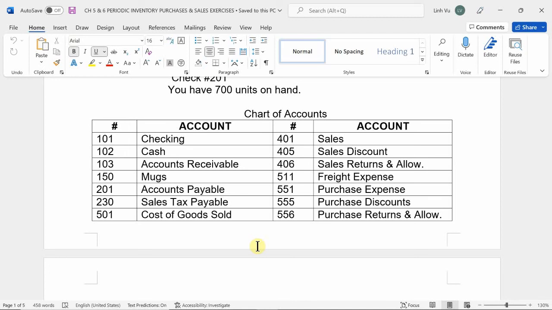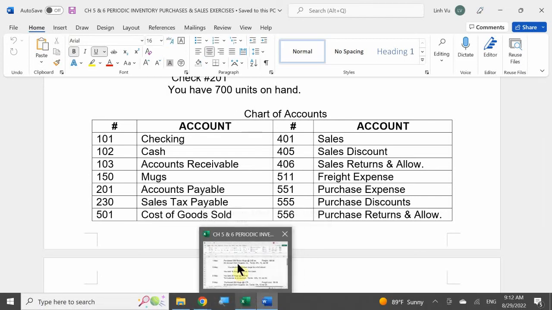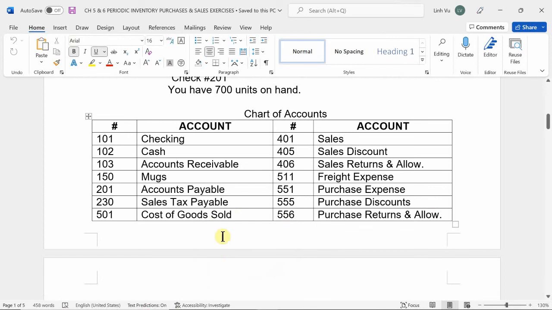So what accounts am I going to be using? Can you repeat that again? I just sold 10 mugs for $9.99 each. You sold 10 mugs for $9.99 each for cash. What accounts am I going to need to use?